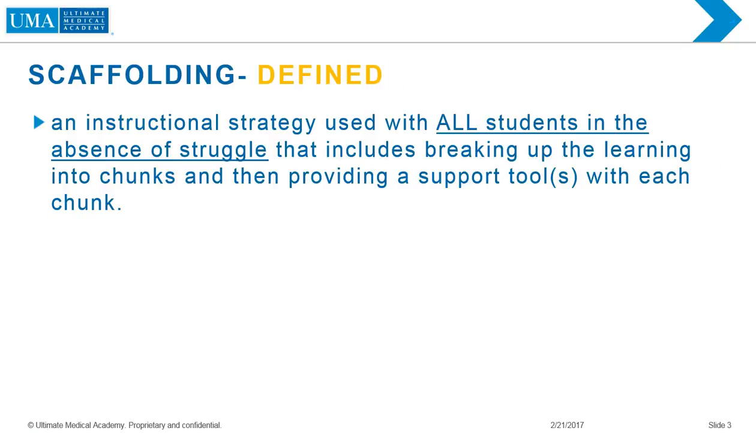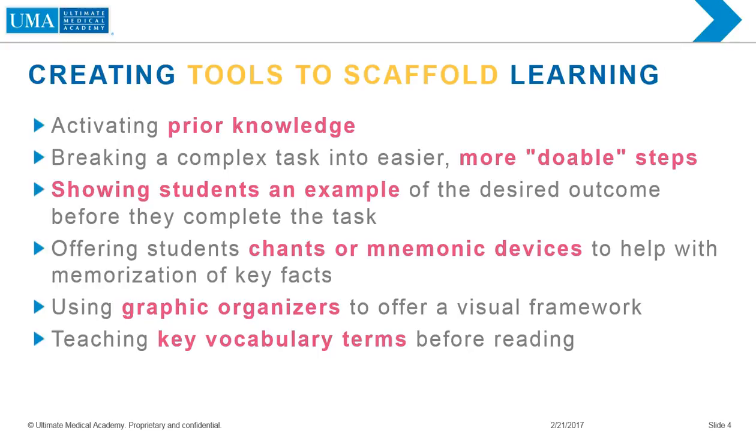So when we talk about scaffolding, we're really talking about an instructional strategy that we use with all students in the absence of struggle. And that includes breaking up the learning into chunks and then providing a support tool with each chunk. And we do this by activating their prior knowledge and taking complex items, or tasks, and breaking them into smaller, easier, more doable steps.